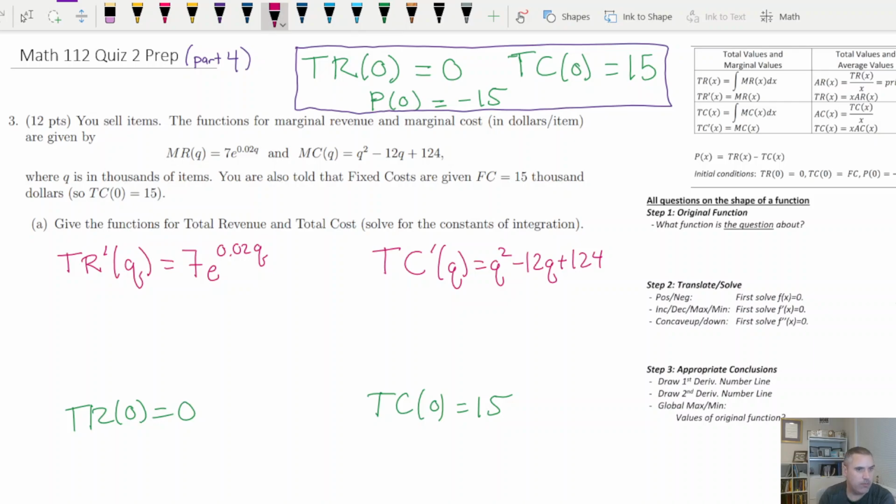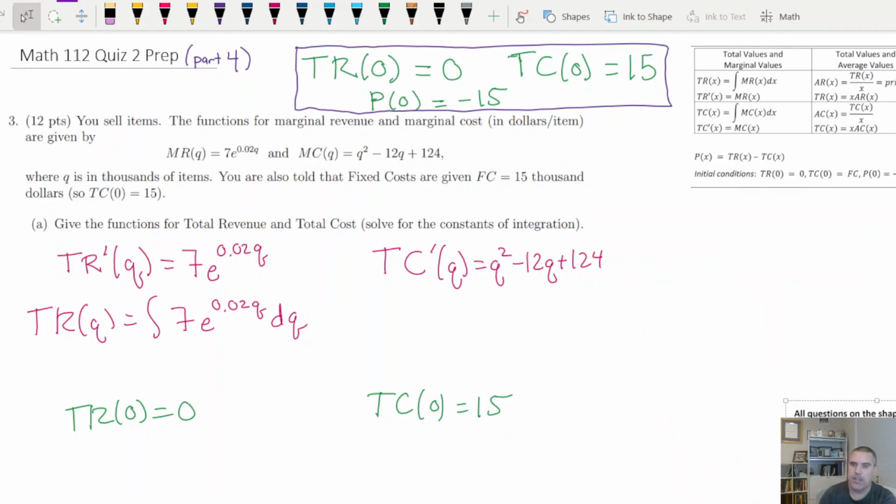We integrate. This is in our integral rules, something we've done quite a bit in the homework. So let's recap how that goes. This is the integral of 7 e to the 0.02 q dq. That's one of the rules we've been talking about over the last week or so, which is that the integral of e to the ax dx is 1 over a e to the ax plus c.